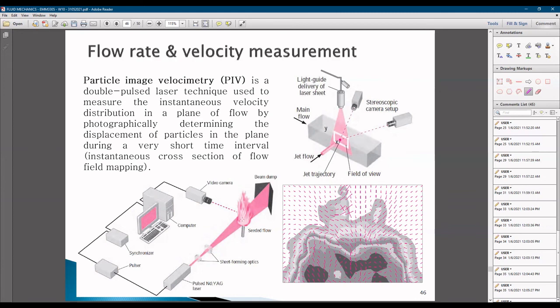The purpose is to see the direction of the particles.